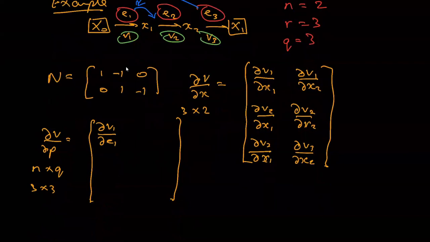So this becomes 0, that becomes 0, and it's only the main diagonal that gets entries. The off diagonals don't, because we're assuming all the enzymes only act on their respective reaction rates.